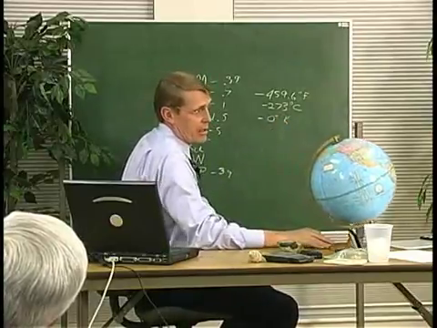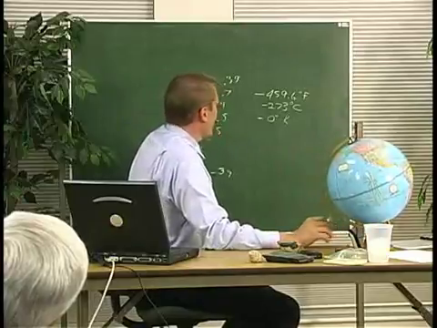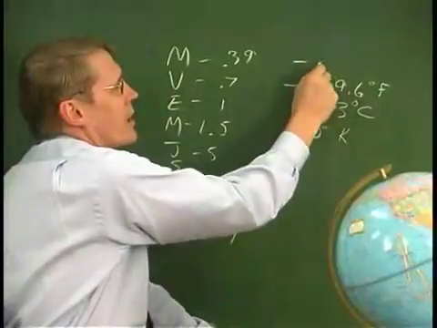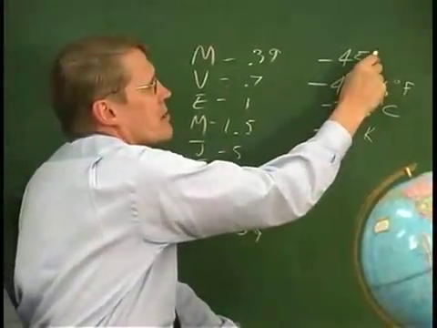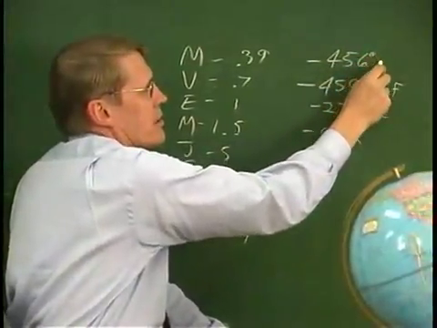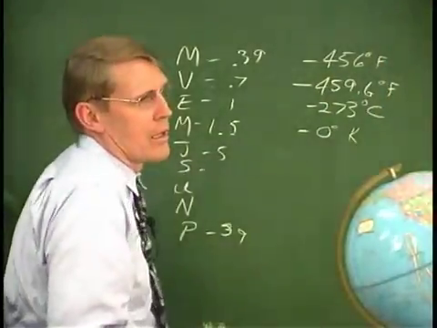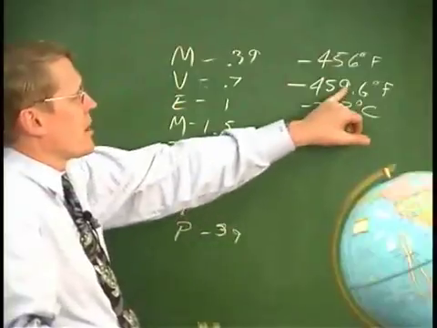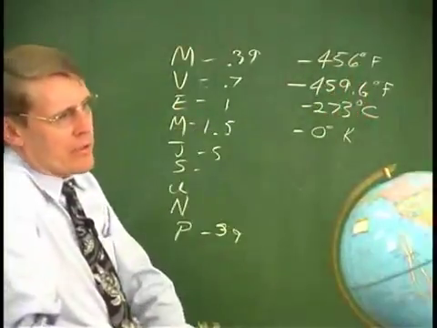There's another scale, too, but nobody hardly uses it. Outer space is somewhere around negative 456 degrees Fahrenheit, is what they guess, about 3 degrees off of absolute zero.